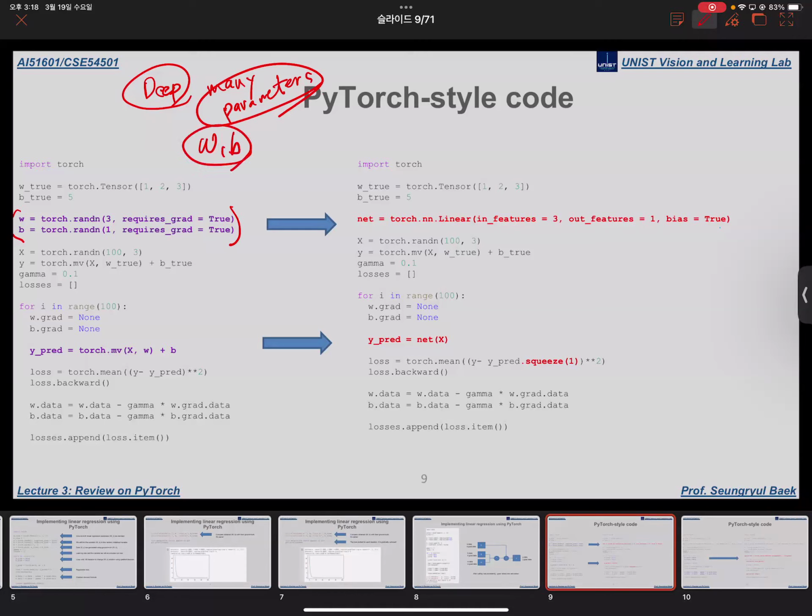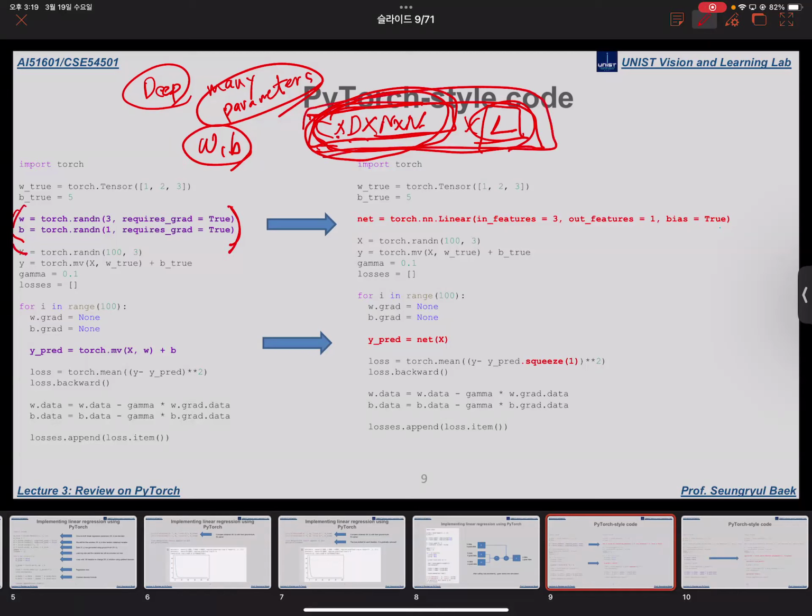But let's say in a CNN, in a convolutional layer, there are, as I told you, n by n, the filter size, and d by c, multiplied by the output dimension and input dimension of filter kernels. And this has to be there for each layer. So there are a lot of parameters, and even initializing this amount of parameters, you may require hundreds of lines of code. Okay.